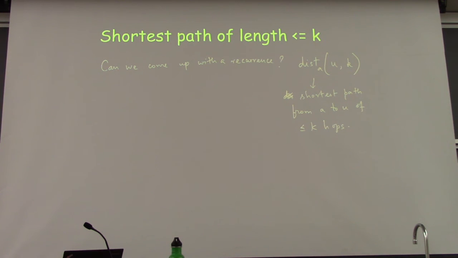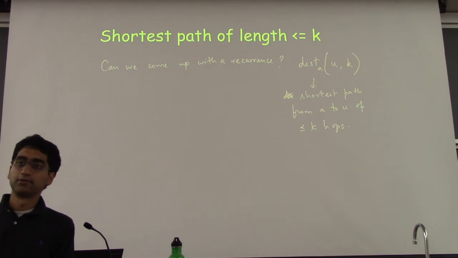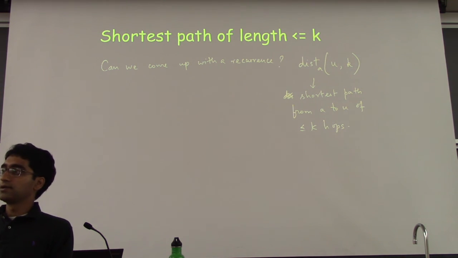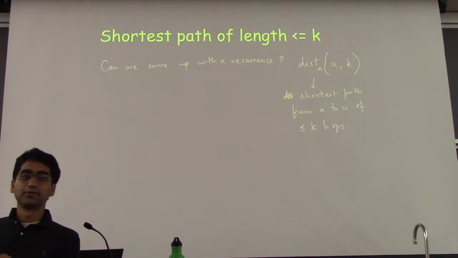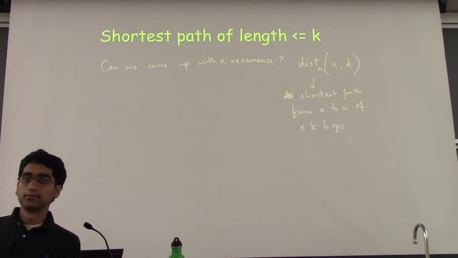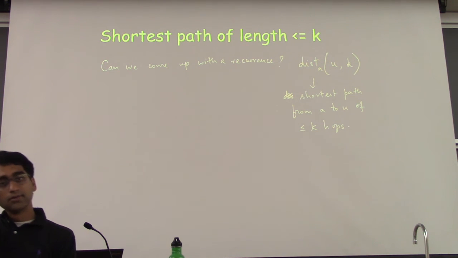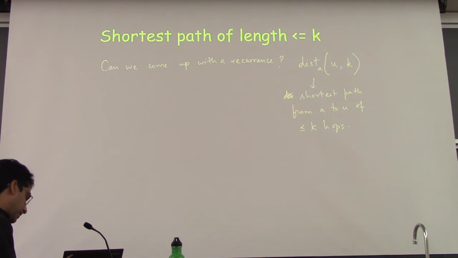This is the quantity that we want to compute, and so how would you develop a recurrence for this? So I have A and I have U somewhere out here.